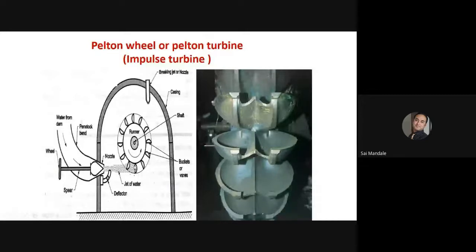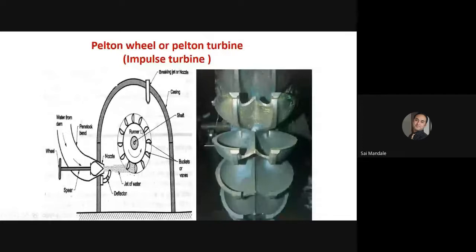Even though we are controlling the speed of the turbine blades, when we stop running or when we 100% close this nozzle assembly, when we stop 100% supply of water to strike on this, the runner rotating at very high speed is not stopping instantly because it has a moment, it has an inertia.